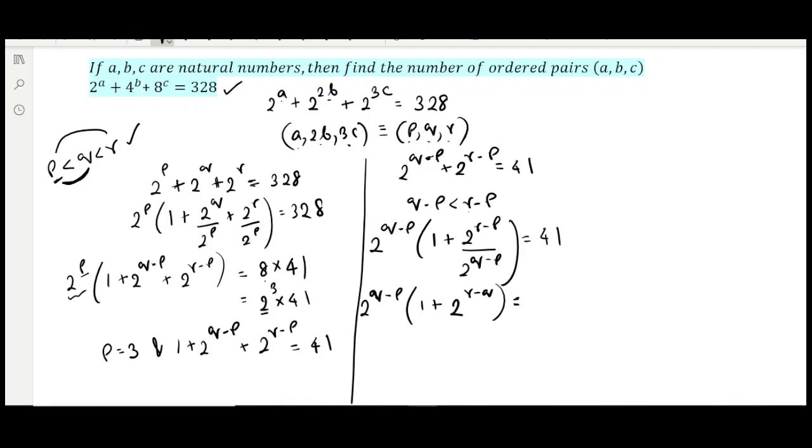Now 41, how can we split 41 in terms of multiples of 2? We cannot factorize in terms of 2 here. So what to do in this case then?